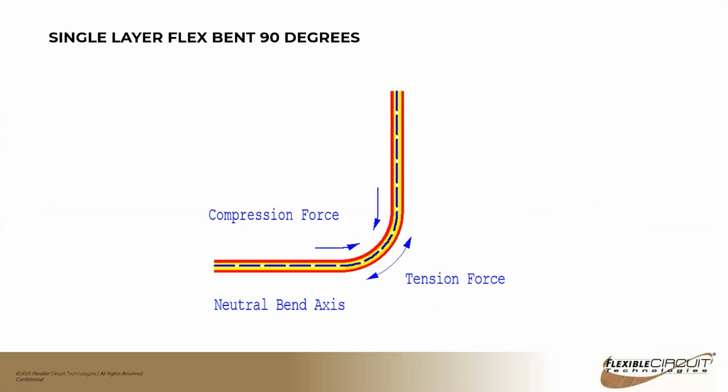So the neutral bend axis for this kind of construction is really going to be exactly where we want it to be, on that copper plane. When we're talking about circuit design and symmetry, we're really trying to design the boards with the conductors on the neutral bend axis, or as close to it as possible.